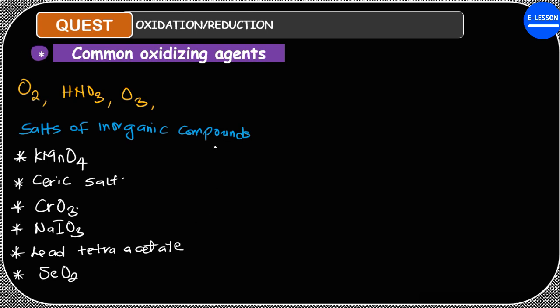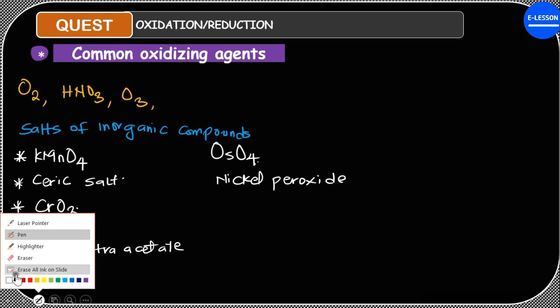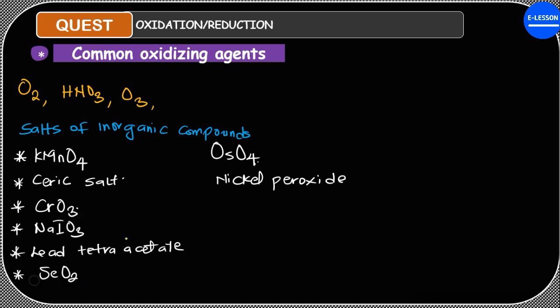There are many more. Then we have nickel peroxide, etc. All these are oxidizing agents. We also have hydrogen peroxide and peracids. Hydrogen peroxide is a common oxidizing agent. You should take note of that.